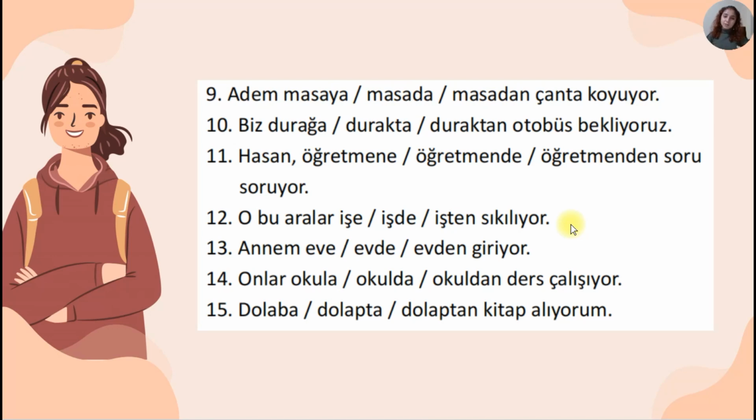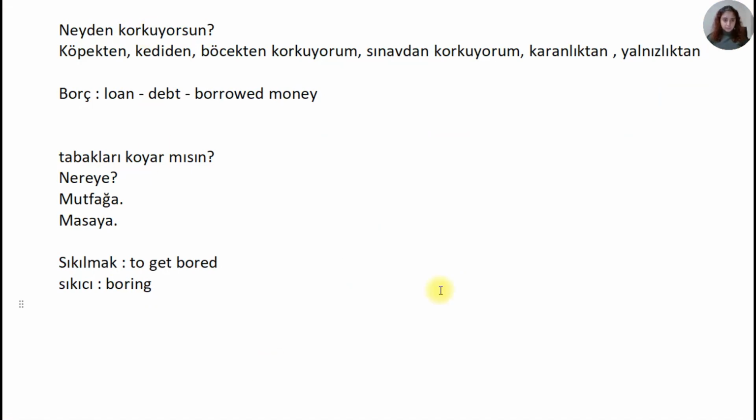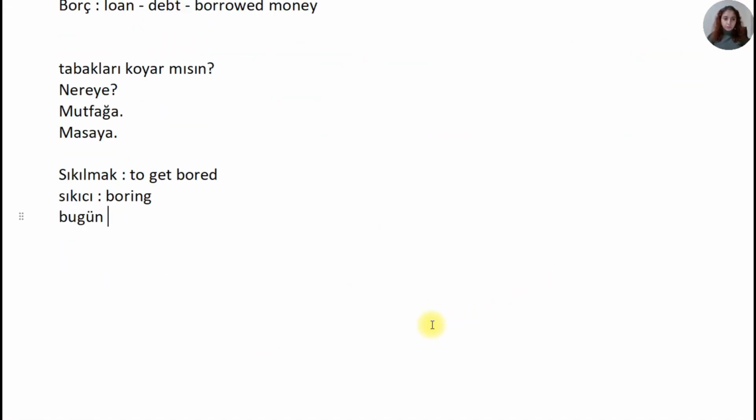Mainly, there are two options here. You can get bored in somewhere or from something. This can be, for example, bugün, today, okulda, in the school, sıkılıyorum. I'm getting bored at school today. Or I can say bugün derslerden sıkılıyorum.